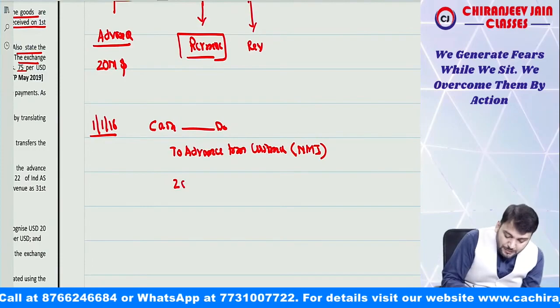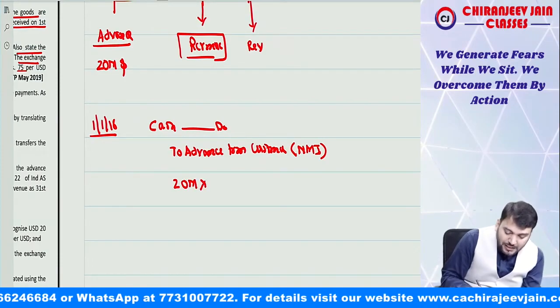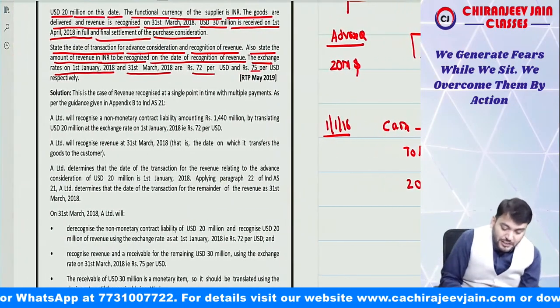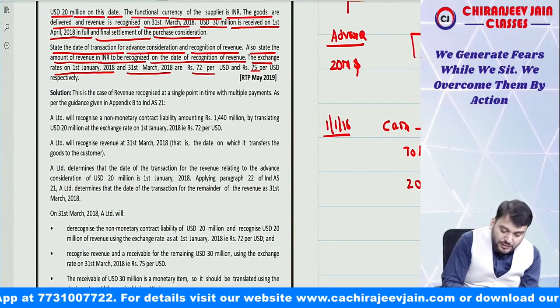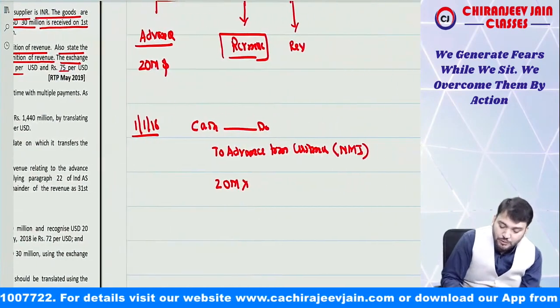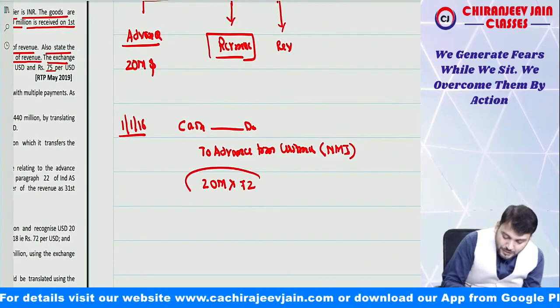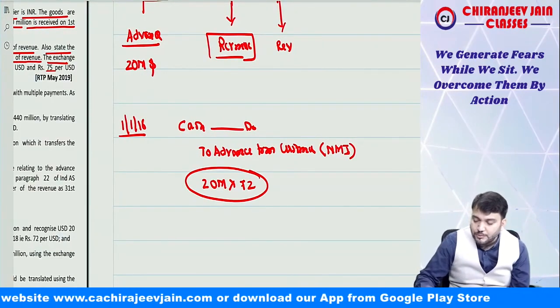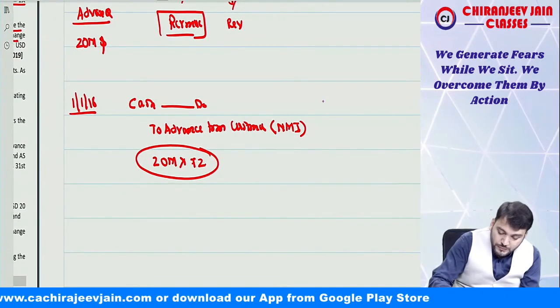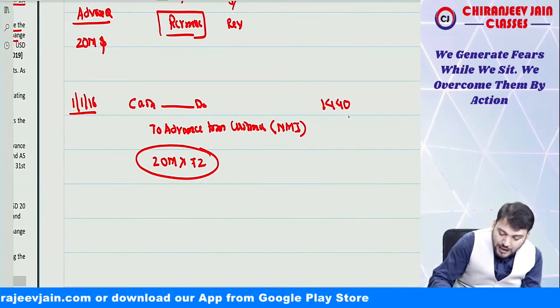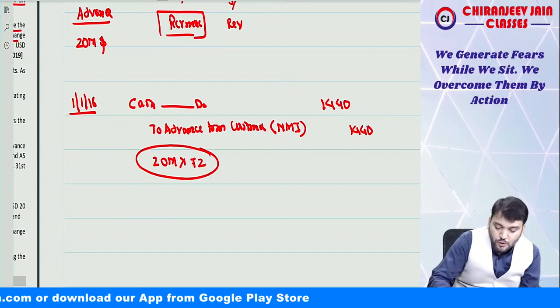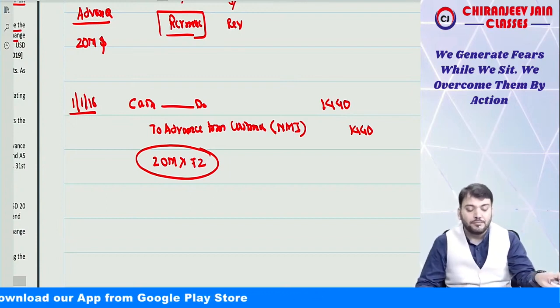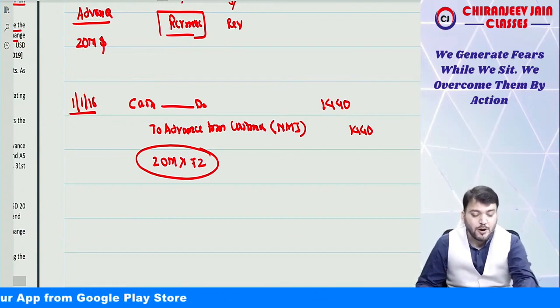And we received $20 million multiplied by what? Exchange rate on the transaction date, which is 72. So 20 million into 72 is equal to 1440. So this transaction will be recognized in rupees 1440. Any doubt about this? I hope you have understood this point.